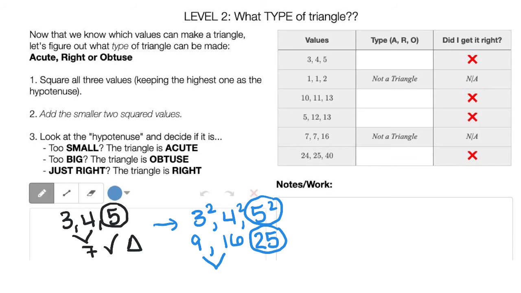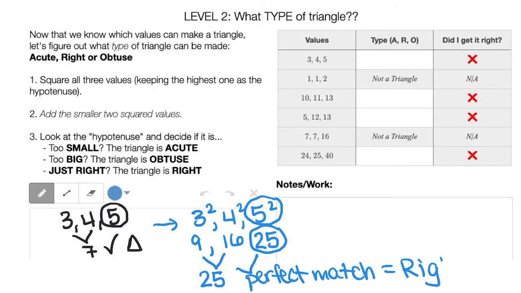Now we're going to do the same thing we did before, and we're going to add. And then we're going to compare these. These are a perfect match. So these form a right triangle. Okay, so if they are a perfect match, it is a right triangle.